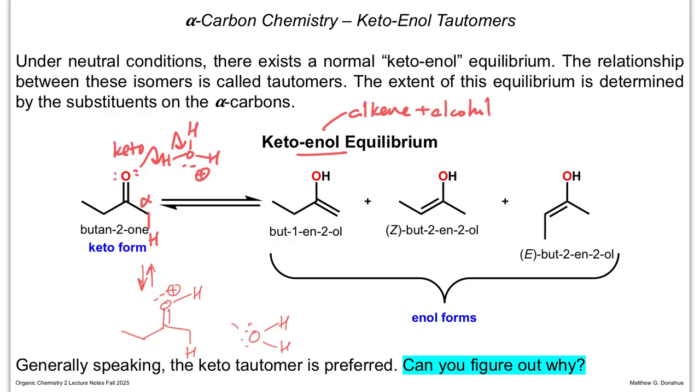Then we can have water act as the base, and that now generates the enol. But that still suffers the same issue of these three reactive intermediates here. You have the kinetic enol, the thermodynamic enols, and then the E and Z isomers.